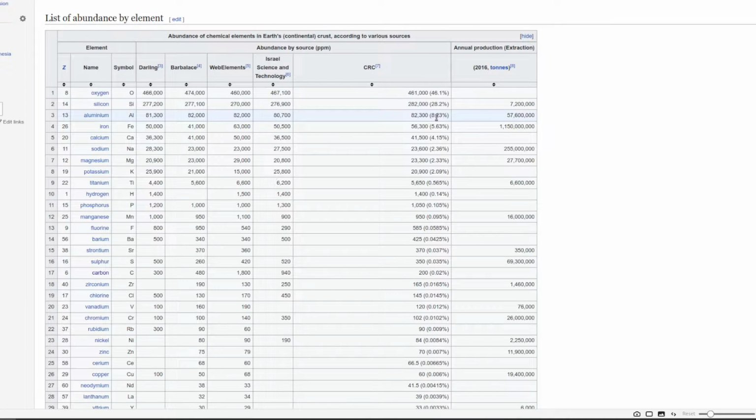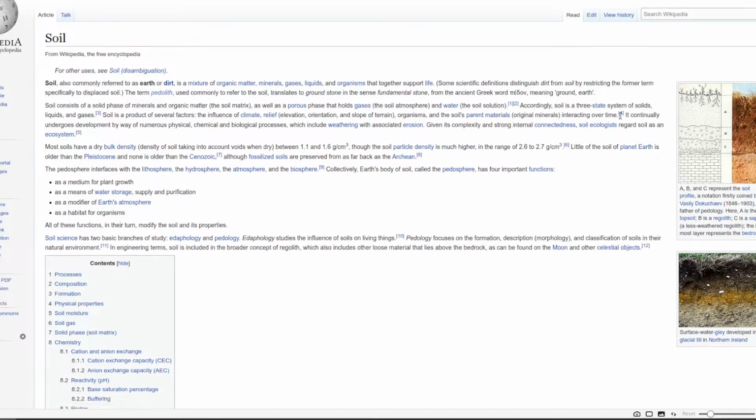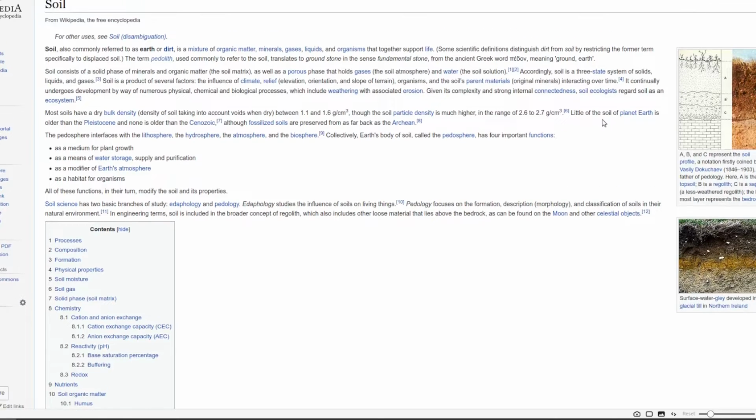Then aluminium is 8%. So 36% is silicon and aluminum based things, and then 46, quite a lot, is the oxygen. So that's very interesting, as we can see that a vast majority of the soil is that.